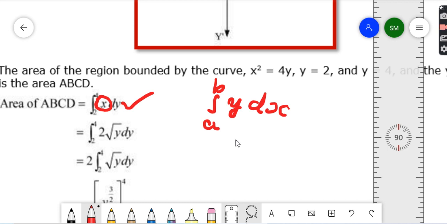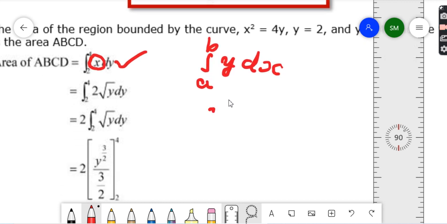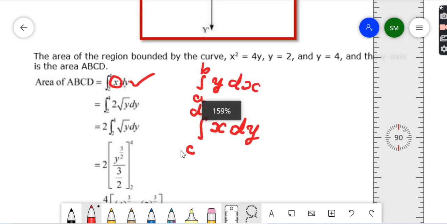But now my format is changed because we are taking a perpendicular on the y-axis. So I will put x dy, means put a value of x. Value of x is 2 under root y dy, and limit is 2 to 4. Once again, integrate, you will get the answer.